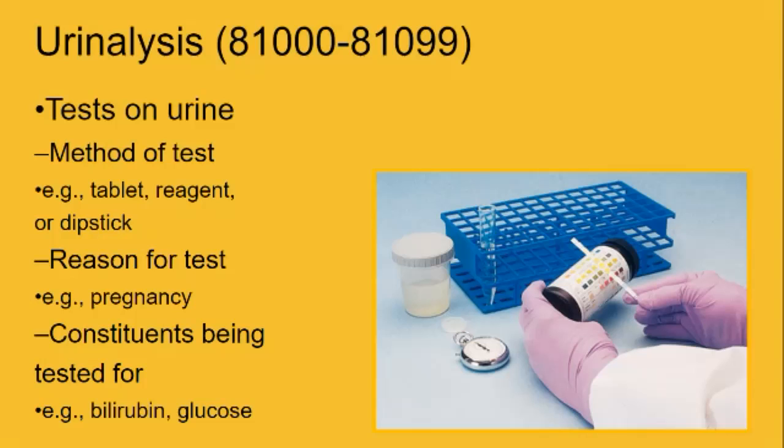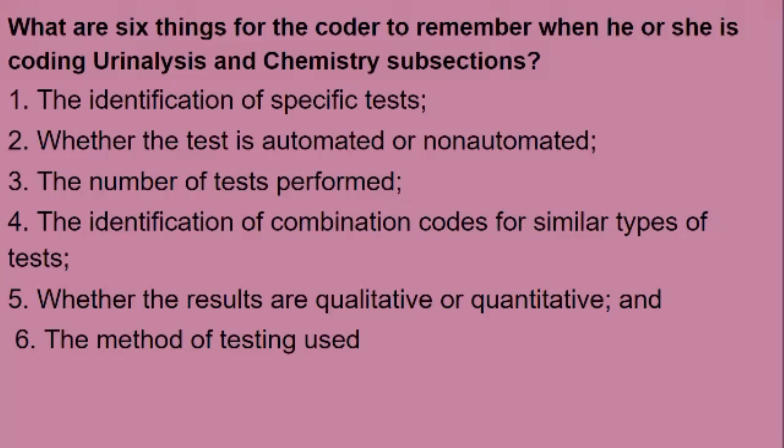Urinalysis. A test on urine, and the methods of the test can be tablet, reagent, or dipstick. A reason can be pregnancy. Constituents being tested for are bilirubin and glucose. What are 6 things for the coder to remember when coding urinalysis and chemistry subsections?